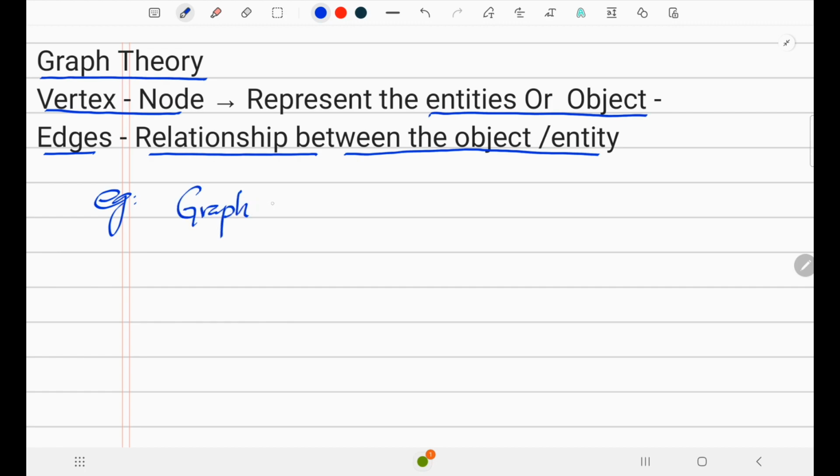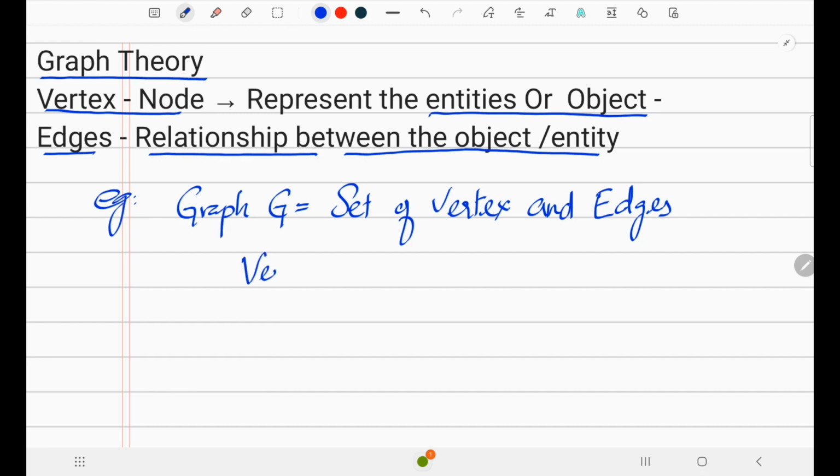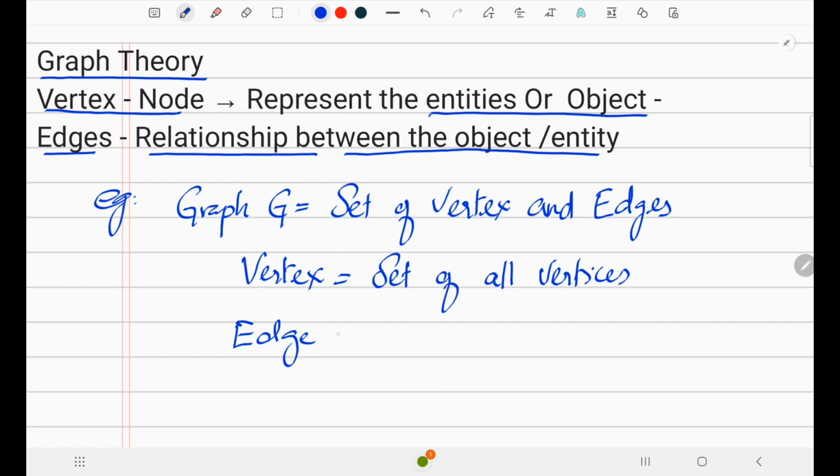For example, we have a graph. What is a graph? A graph is a set of vertices and a set of edges. Here, the vertex set is a set of vertices and the edge set is the set of all edges.